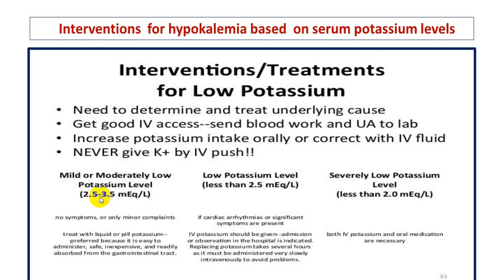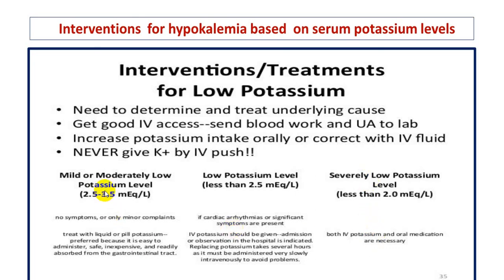We already told you between 2.5 to 3.5 we call it mild to moderate. Less than 2.5 it is a low potassium level, and when it is less than 2 it is dangerous, and that has to be treated by IV only by and large.